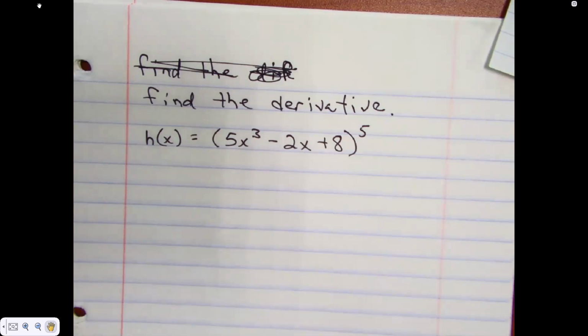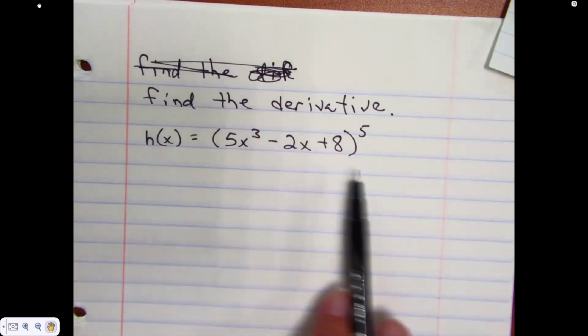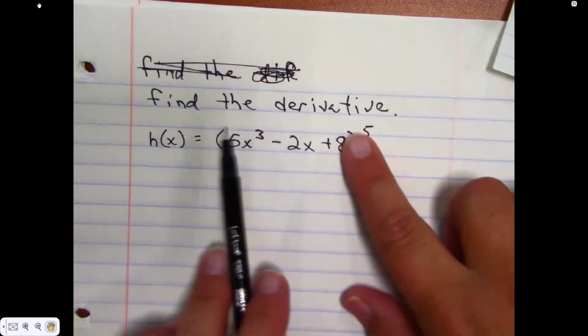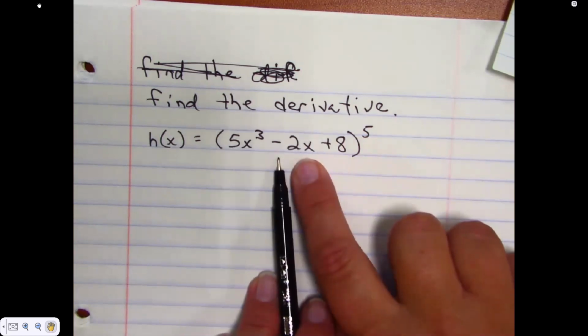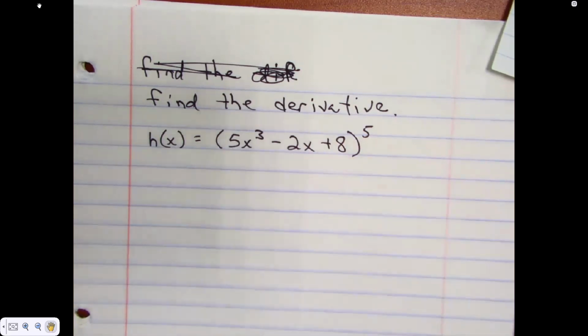Even last year, I had a kid who was really struggling with this. And then he finally said, well, the quantities are parentheses, right? And so I just always take the derivative thinking of the parentheses as one thing, and then I take the derivative of the parenthesis.